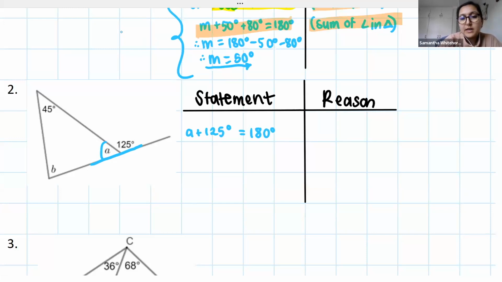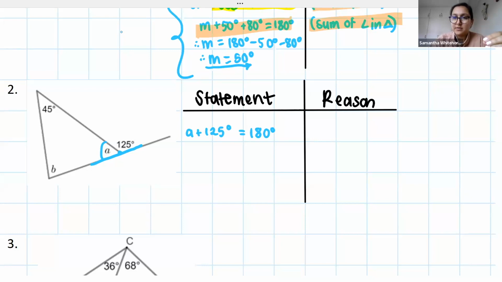So guys, for those of you a bit confused about how to use the reasons and how to give the reasons, I know that angles on a straight line, if they're next to each other, so adjacent angles on a straight line, must add up to 180 degrees. That's a fact I know, we've learned it. So I have made an equation, or a statement, that if I add A and 125, I will get 180.